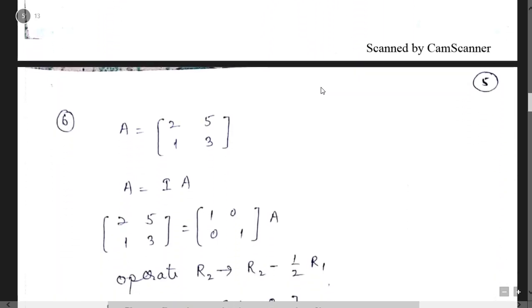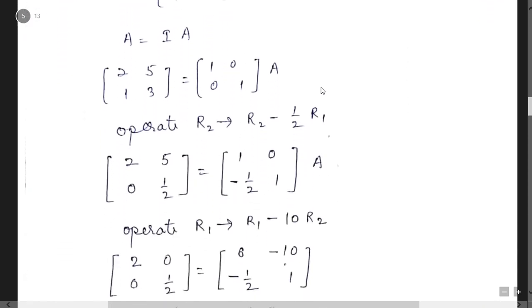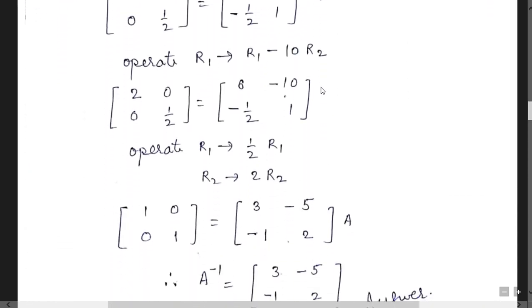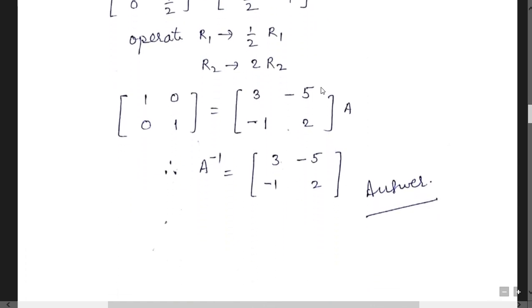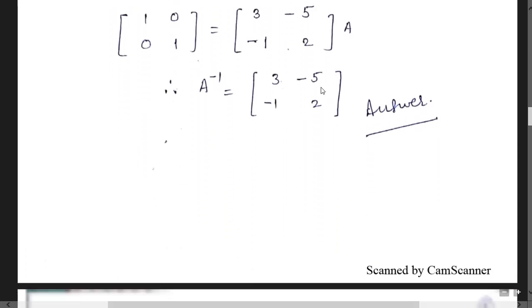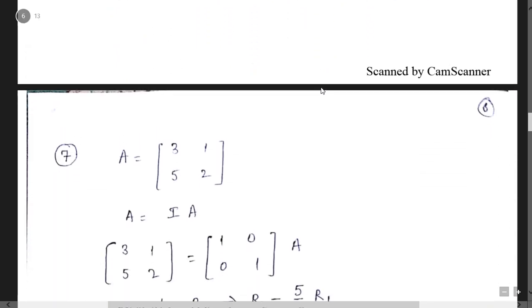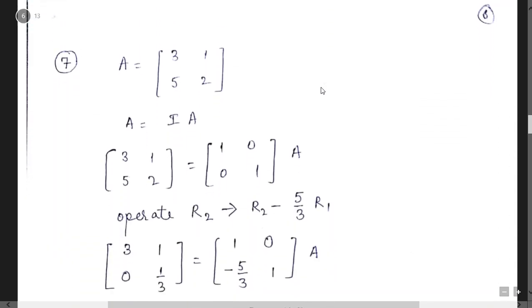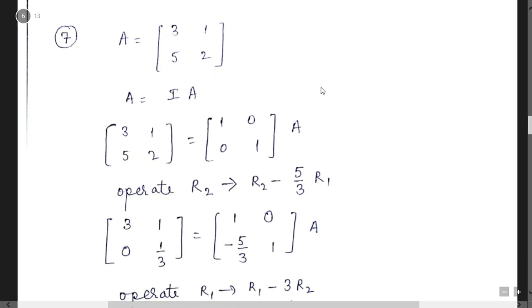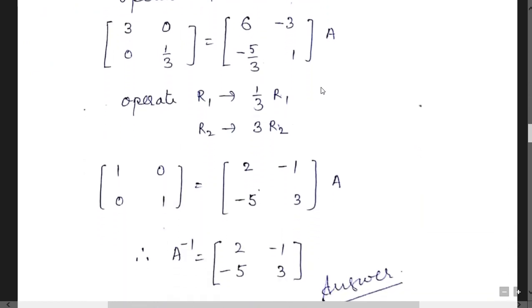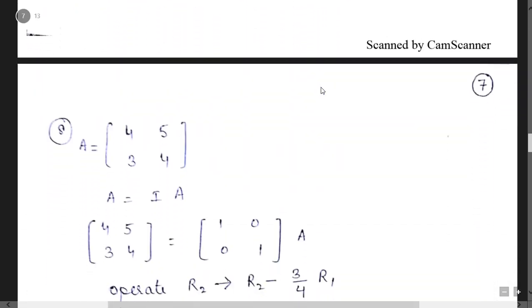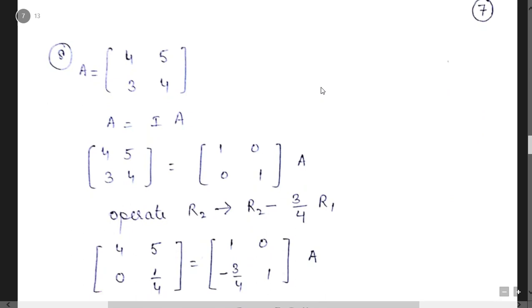Question number 6 is again a 2 into 2 matrix. Question number 7 is again one and the same theory. All the questions are the same. We will discuss now about 3 into 3 matrices. The 8th question is again the same.